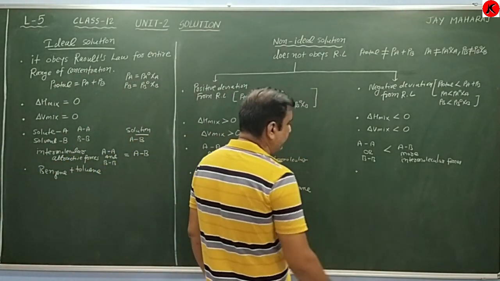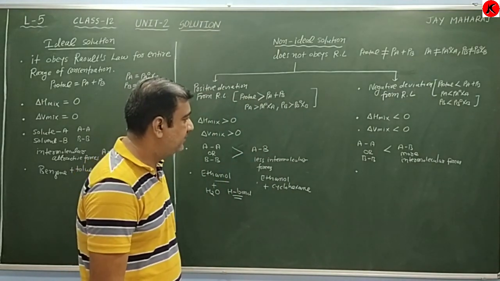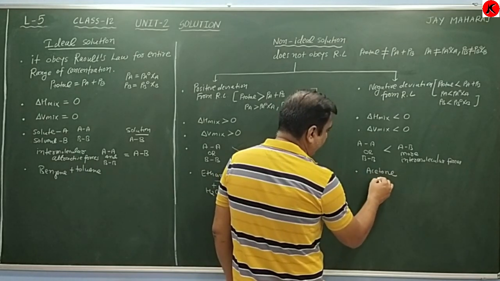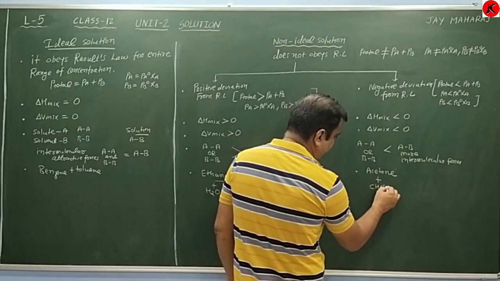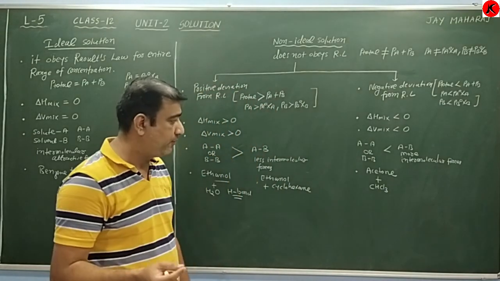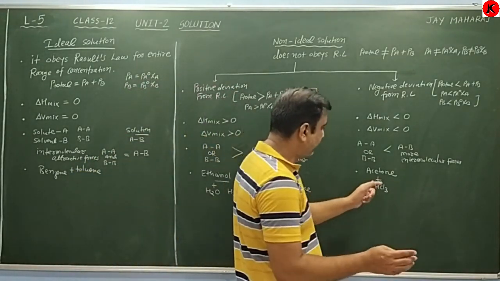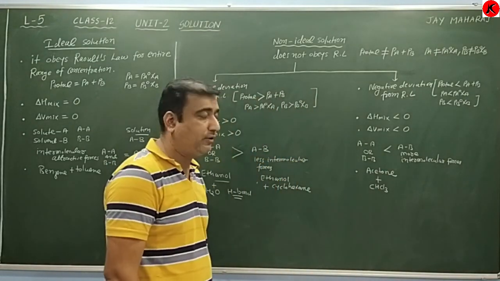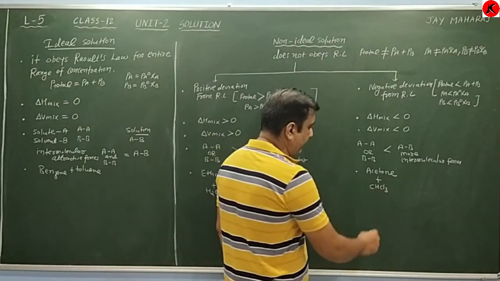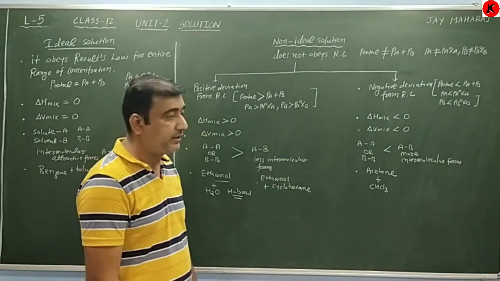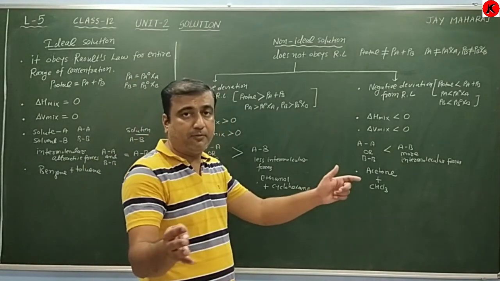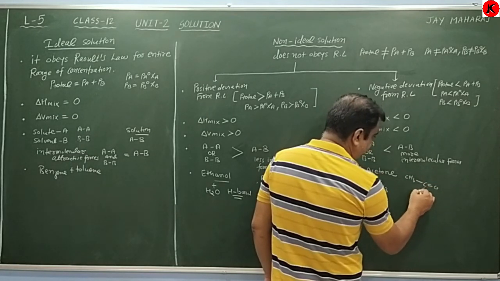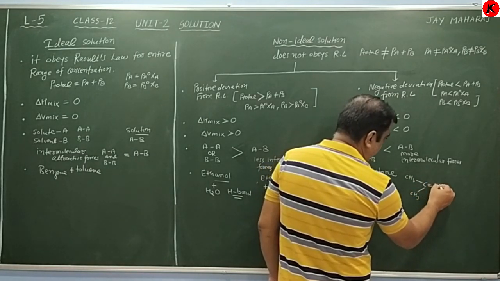Now, in case of negative deviation, taking the example of acetone and chloroform. Acetone is a polar molecule, chloroform is a polar molecule. That means here polar intermolecular attractive force, and in chloroform also polar intermolecular attractive force. But when they are mixed, this is the structure of acetone.